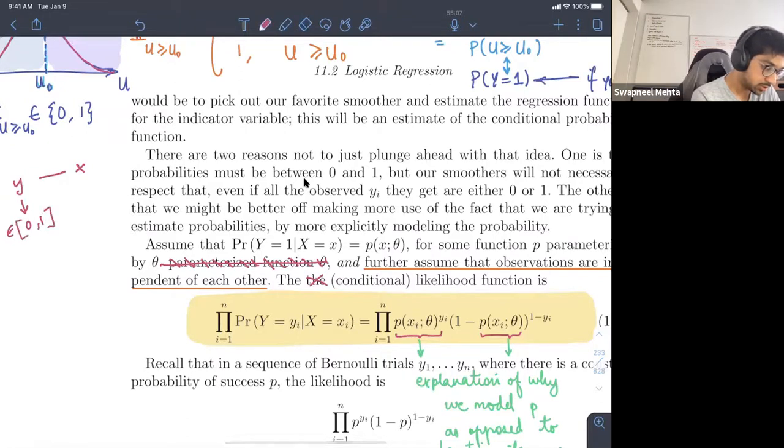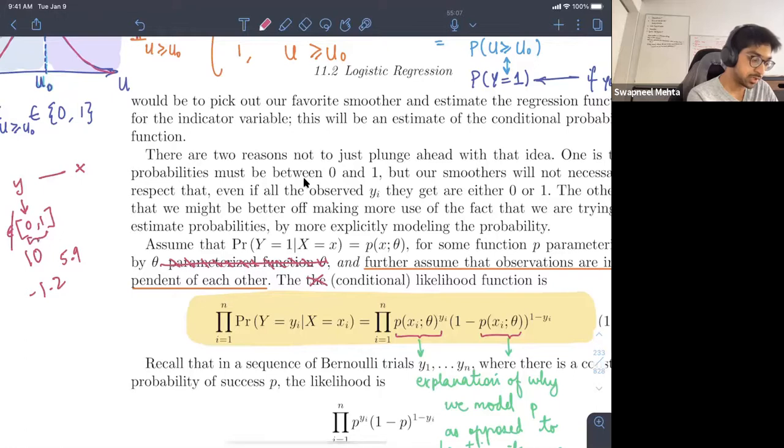You're not constraining this, so it could predict a y that is 10 or 5.9 or minus 1.2, even though your data belongs to 0, 1.